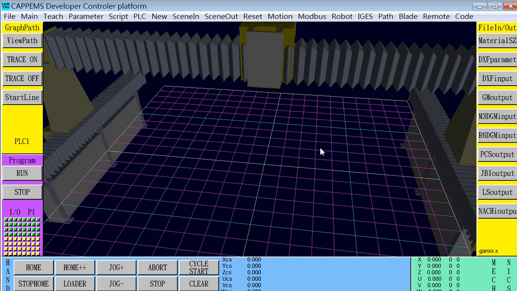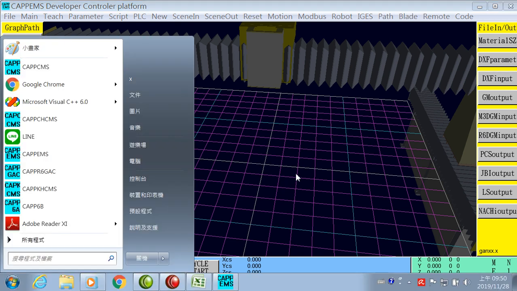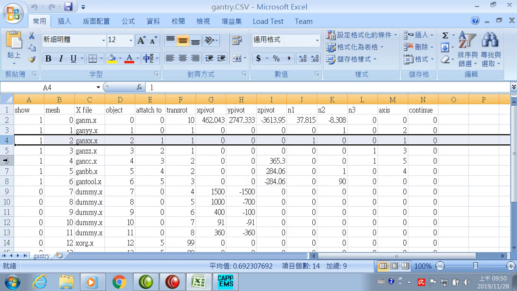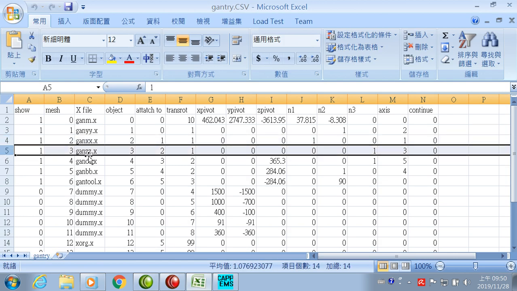The next is ganzz.x. Object is 3. Is z axis. Attached to object 2. Object 2 is ganxs.x is x axis. The z-axis is a translation as well.